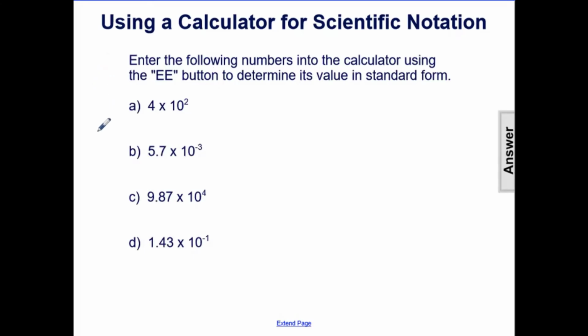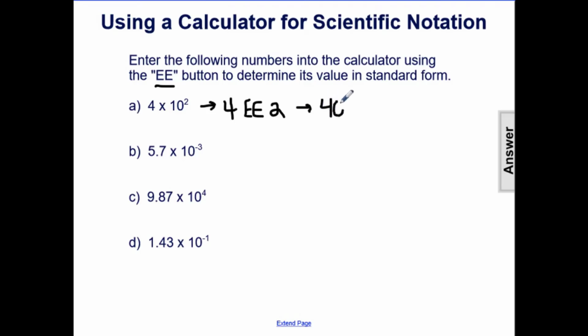We're going to look at a couple examples here of how to enter them into the calculator. Use the EE button to determine the value of these numbers in standard form. For A, 4 times 10 to the second would be 4, EE, and 2, which should show 400 on your screen.